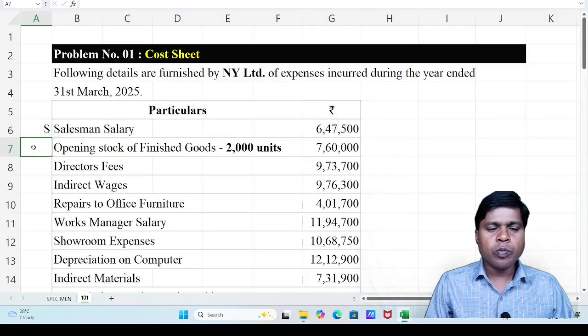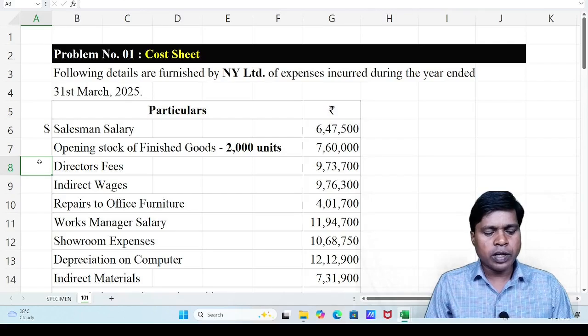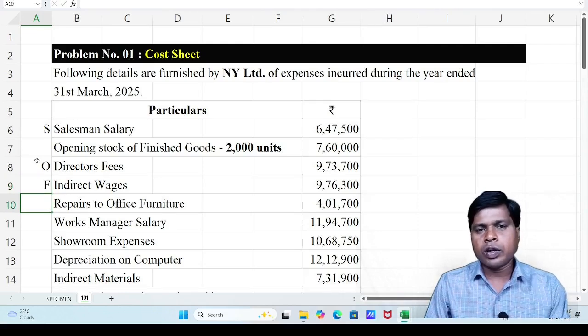The next, opening stock of finished goods, we can consider as per the specimen of cost sheet. Director fees, we have to write there O for office overheads or administration overheads. F for an item of factory overheads or works overheads.